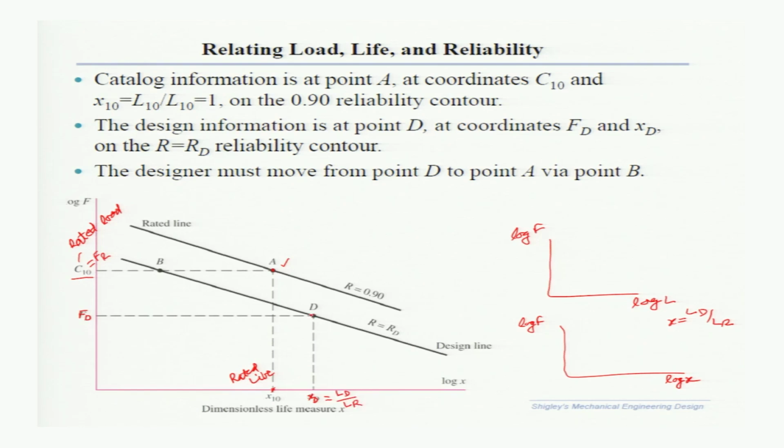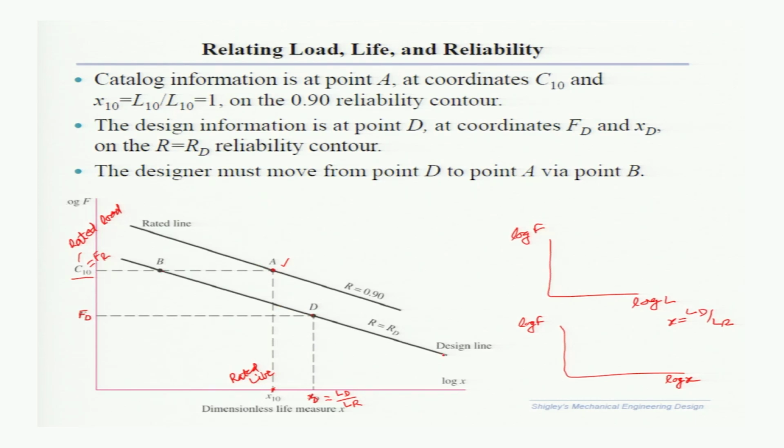Okay. So, the design information at point D, at coordinates FD and XD on the reliability curve RD, is known, and we have to get this value FD. Okay. So, the designer must move from D to A via B. Let's see how.